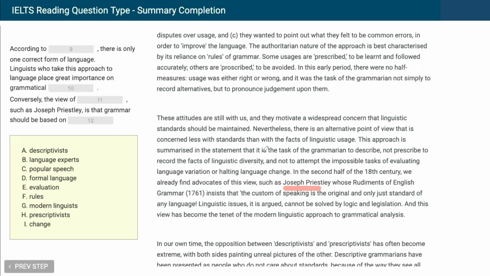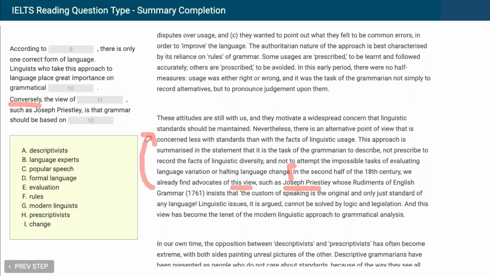So let's go ahead and figure out who Joseph Priestley is because it's probably obvious at this point that he is not a prescriptivist because it says conversely. So let's continue here. I'll just start in the second half of the 18th century. We already find advocates of this view. So the view is probably located earlier up here.